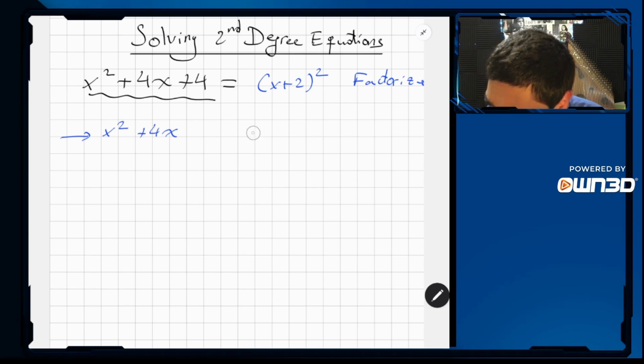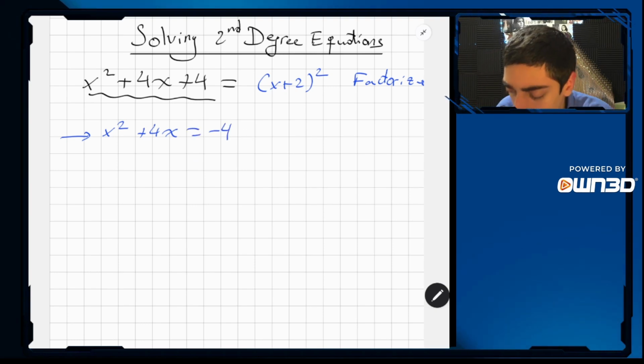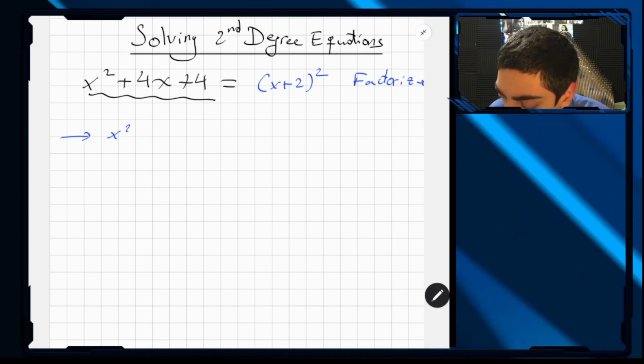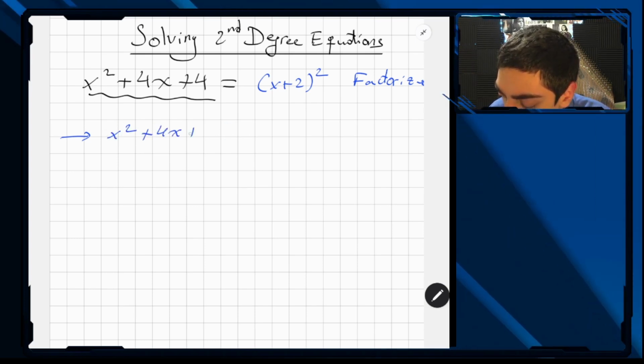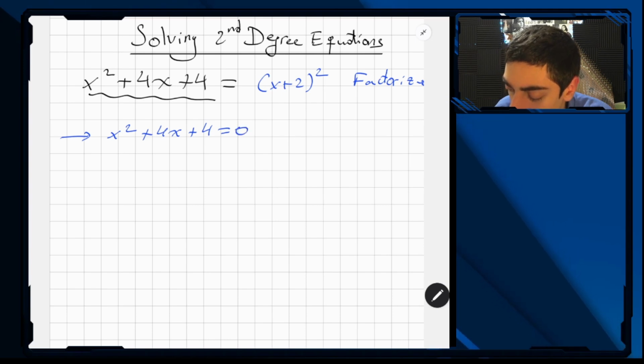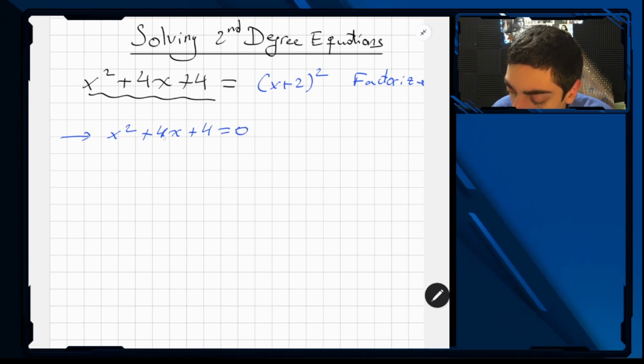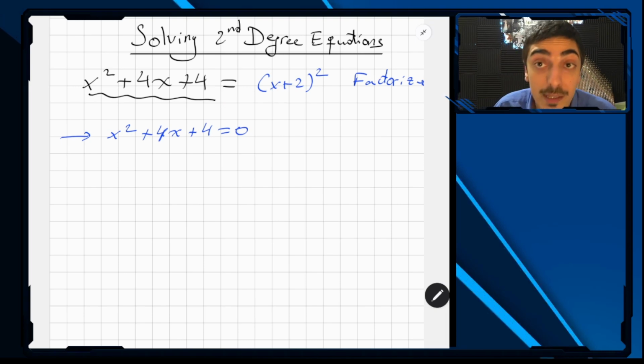For example, they can write this or this, right? It's just the same thing. And how do we solve such an equation? Well, you would just use the factorization bit.